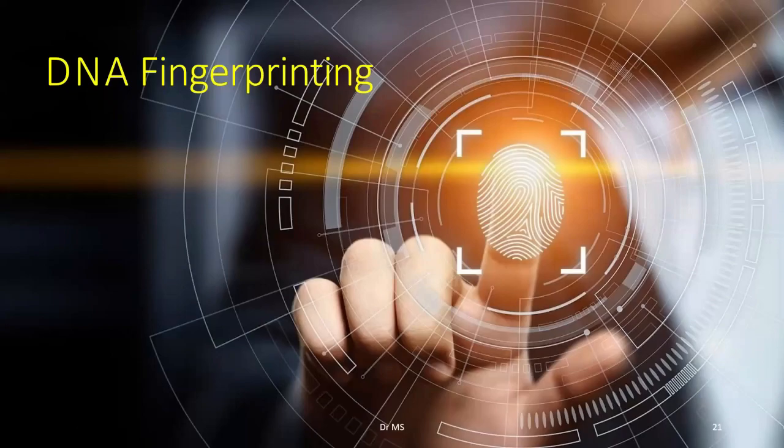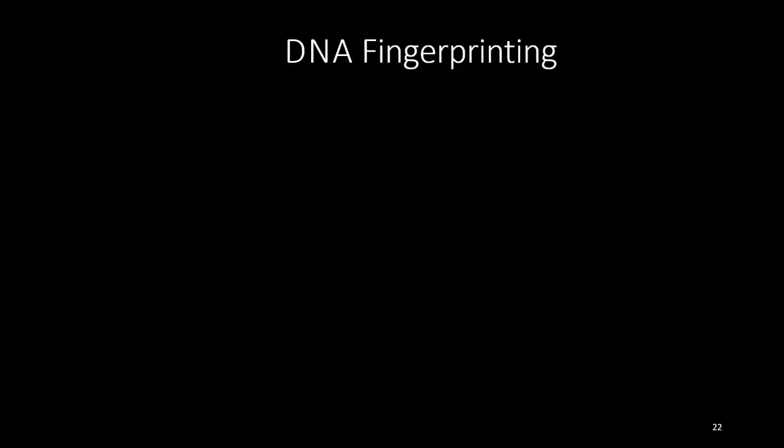DNA fingerprinting. So what is it? If you see any person, from one person to another, 99% or 99.99% of genetic information is the same. But there is a 0.1% or 0.01% which is different. That difference will be helpful for identifying who is the suspect in a crime scene. Suppose a crime happened, and in that crime I got a hair follicle, just a strand of hair. From that hair, I'll extract the DNA.